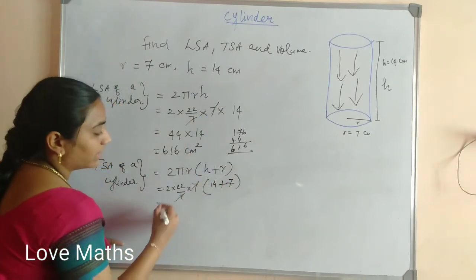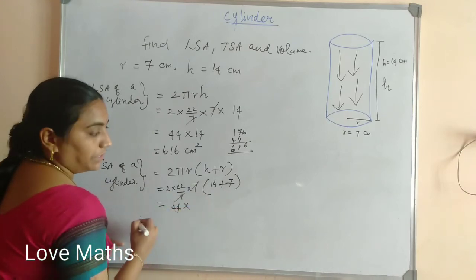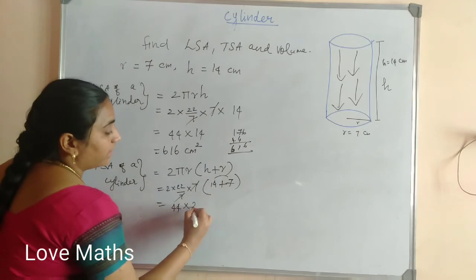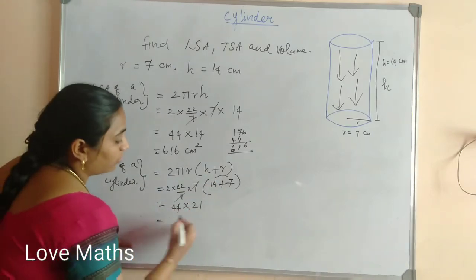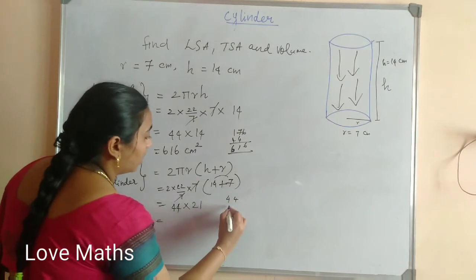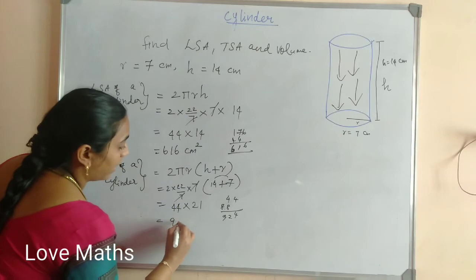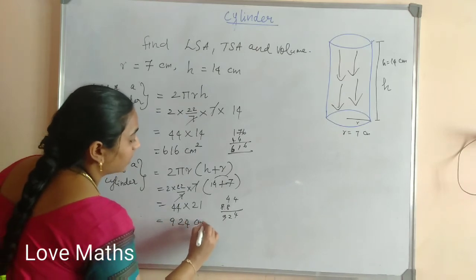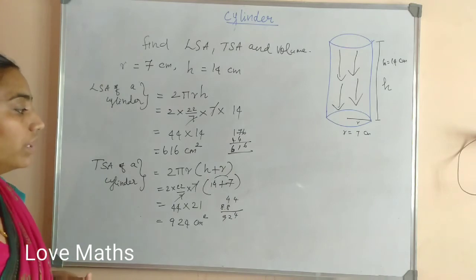So this 7 and 7 cancel. 2 into 22 is 44. This bracket meaning is multiplication only. 14 plus 7 is 21. Now you should multiply this. What you got? 924 centimeter square.